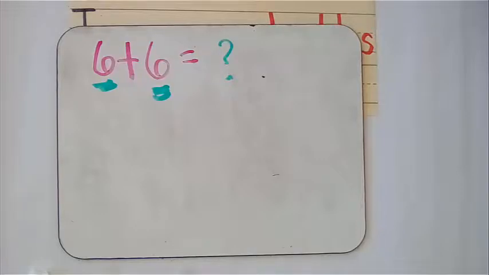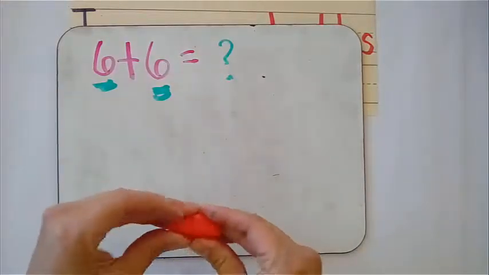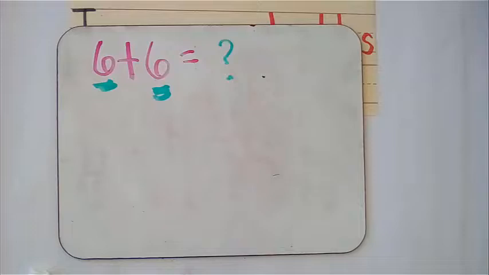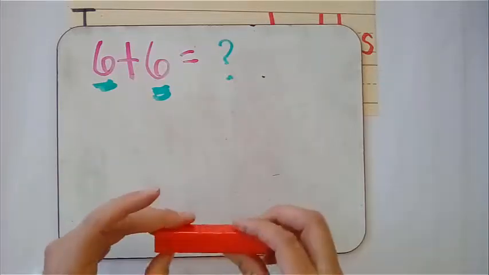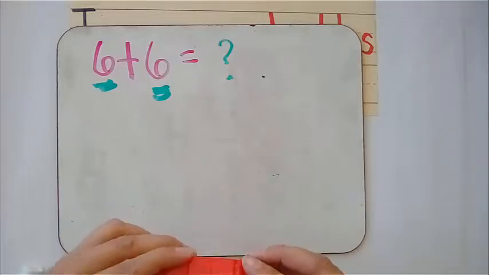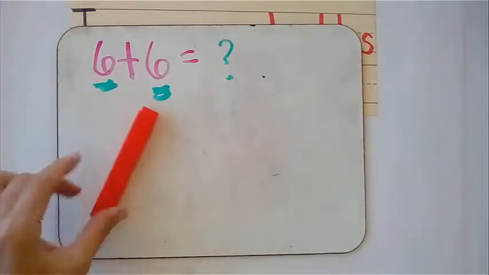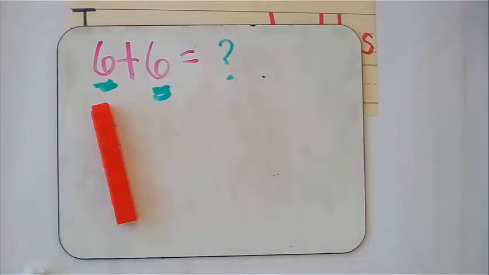So I'm going to use 6 blocks, and I'm going to put 6 blocks here really quick, and I could either put them together like I am, or you could just put them in piles. So I have 6, then I'm going to put another 6 on the other side to see what I get, right?